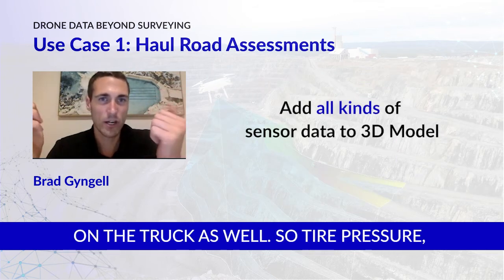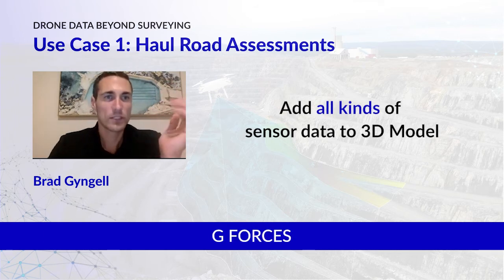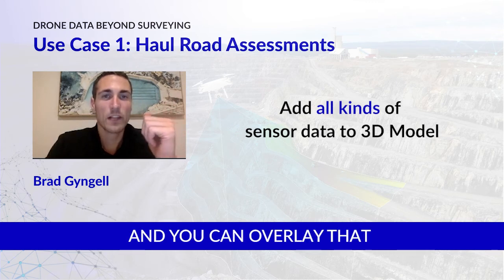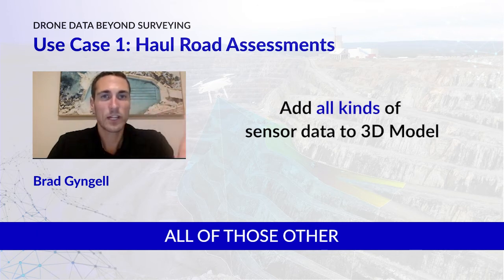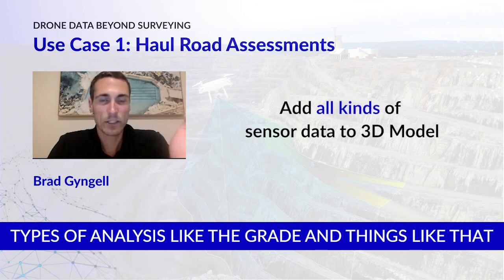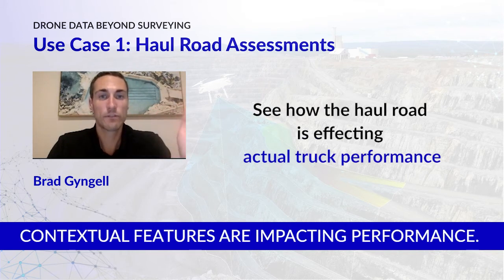So tire pressure, fuel burn, anything like that that you want, G-forces, and you can overlay that over the top of the 3D model, over the top of all of those other types of analysis like the grade and things like that, in order to let you see how those contextual features are impacting performance.